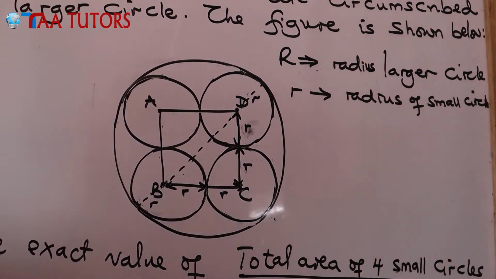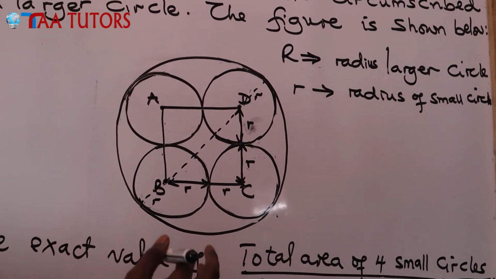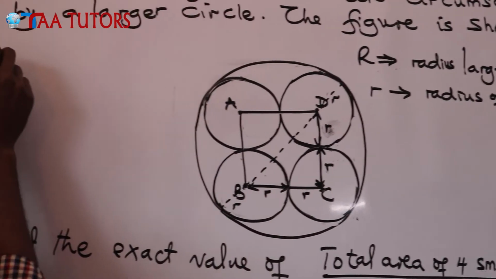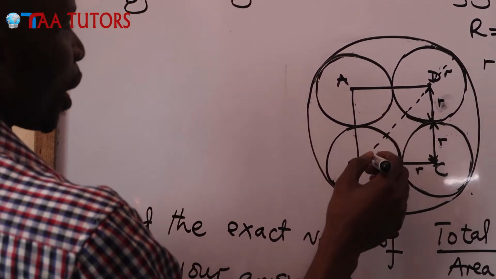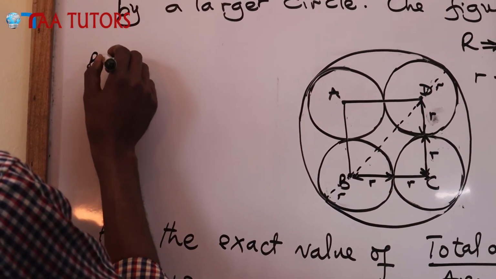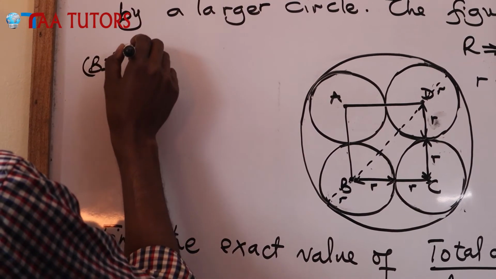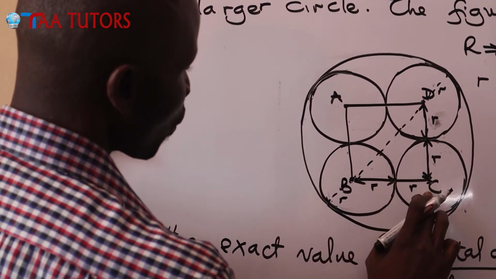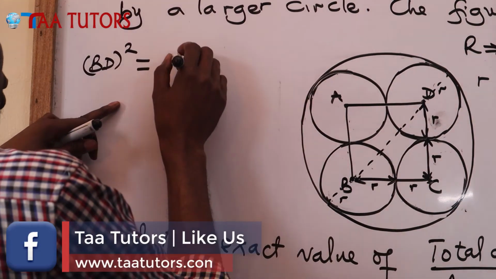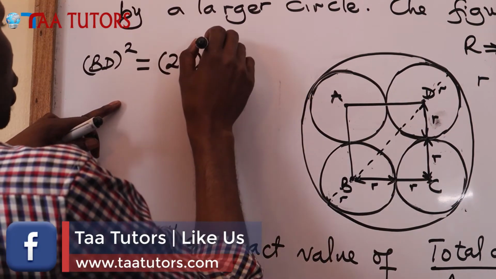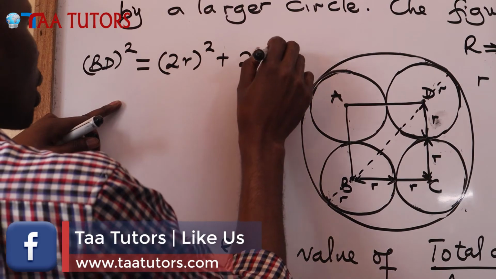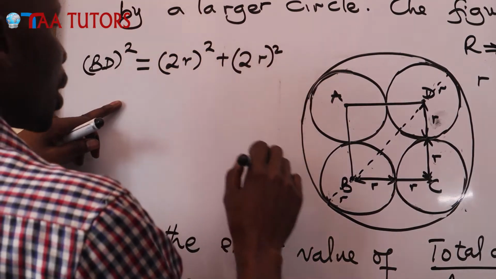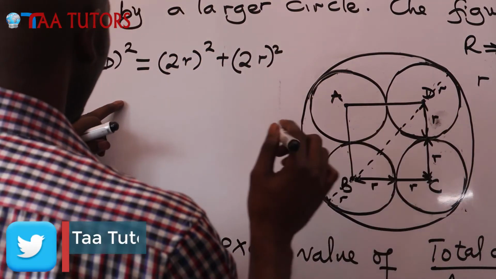So if I try that, let me get the diagonal BD. BD squared should be 2r squared plus 2r squared. This will give us the length BD.